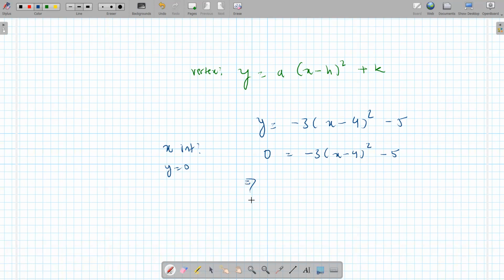Step 1, move the 5. You add 5 on both sides. So this becomes 5 equals -3(x minus 4) squared. Now what? We're trying to solve for x.